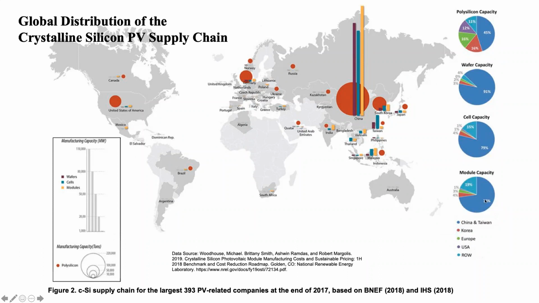Blue is representing China and Taiwan. Purple is the US. You can see we have 12% of the polysilicon capacity production globally. But then as we go through the wafer and cell capacities at 1%, module capacities at 1%, there's very little actual production taking place in the US when you compare it to the global supply chain.